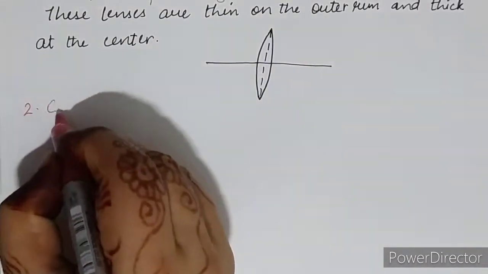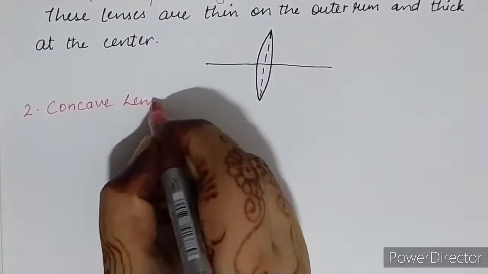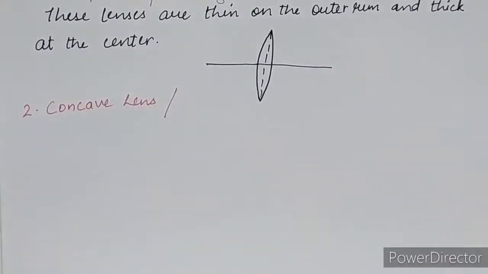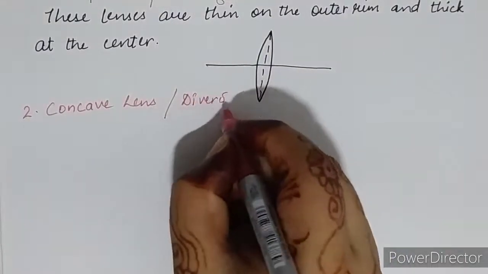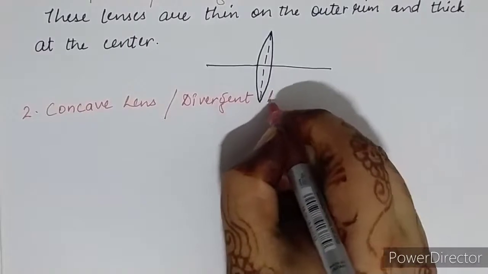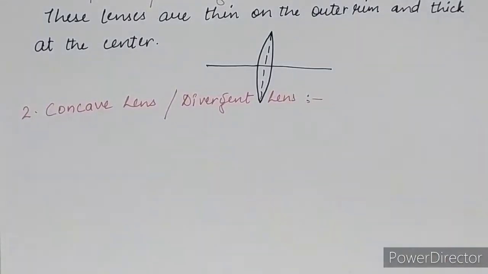The second one is the concave lens, and the concave lens is also termed as the divergent lens. Now what is this lens, beta?